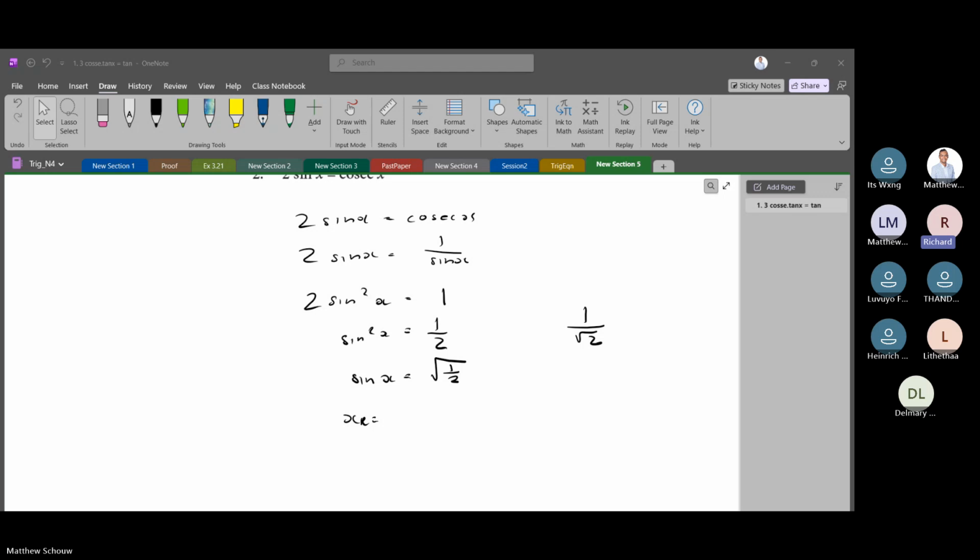Is it 45? Did you get 45? Yep, should be 45. 1 over root 2, yeah. 45 degrees.